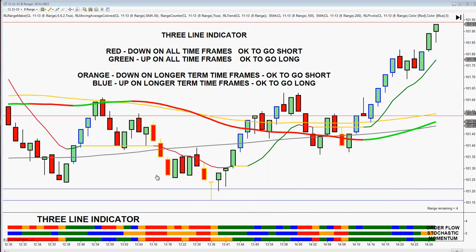Obviously, we have the okay to go long. If we're orange, we are down on longer term time frames, and we're up on the shorter term, but we have an okay to go short. And when we're blue, we're up on the longer term time frames, down on the shorter term, but we're okay to go long.